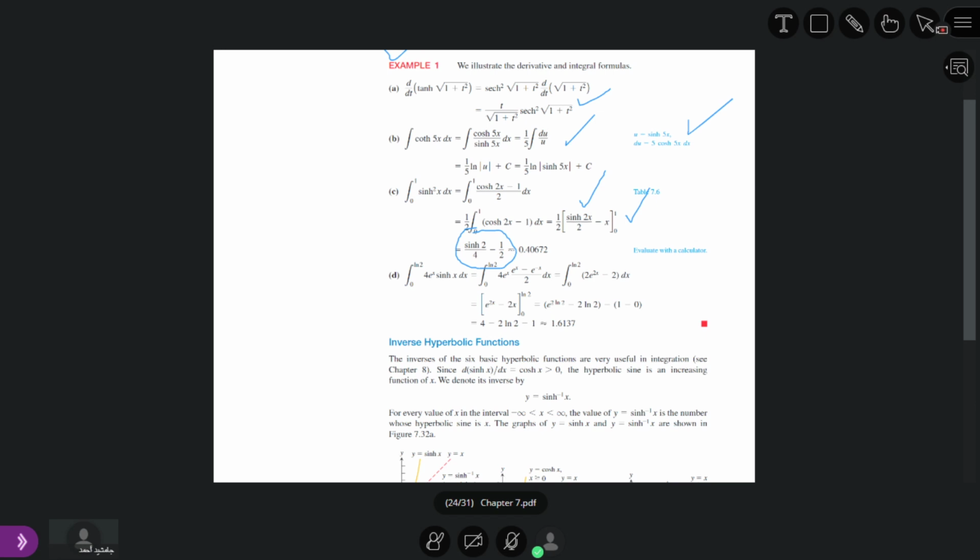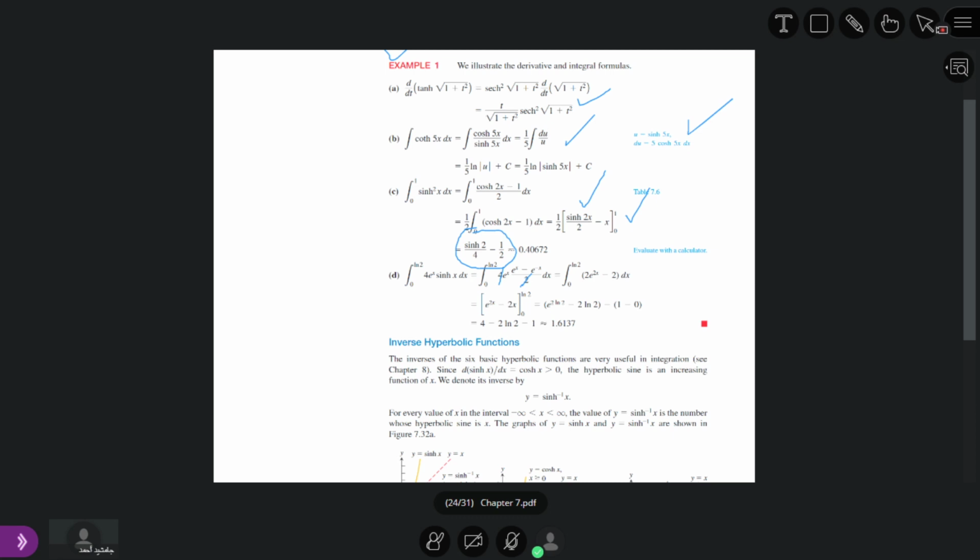What is sinh x? It is equal to (e^x minus e^(-x)) divided by 2. So whenever we put its value, first we cancel: this 2 will cancel with this, we get 2. So that is why 2e^(2x) minus 2e^0, which is equal to 2.